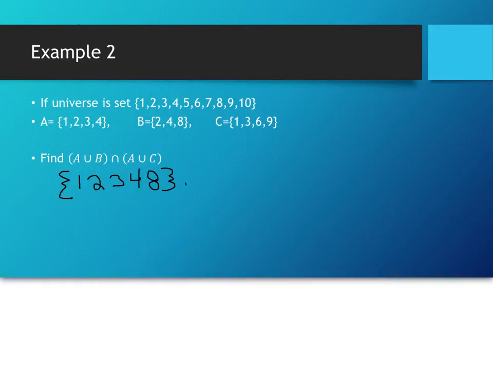Intersect A union C. A union C is 1, 2, 3, 4, 6, 9.